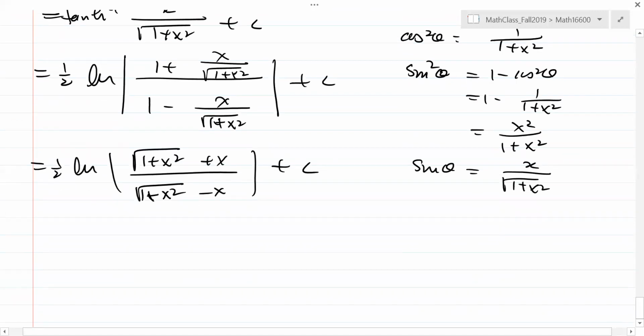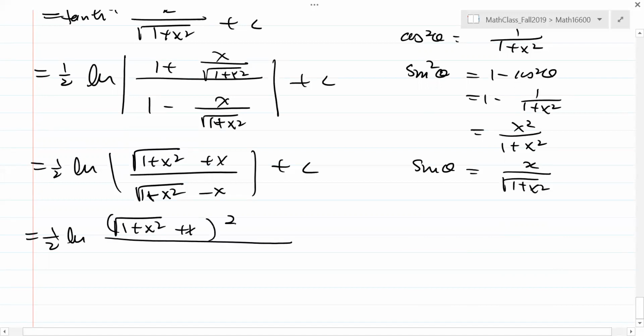And you can continue to simplify this. How do you do that? You multiply the numerator and denominator by this. This is a square, but here as a denominator, you multiply by square root of 1 plus x squared plus x.